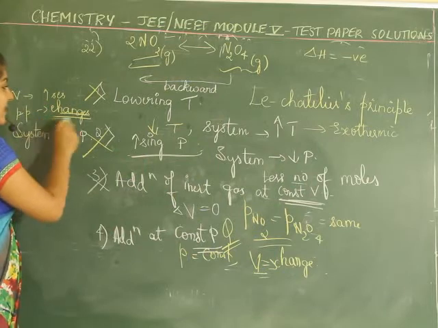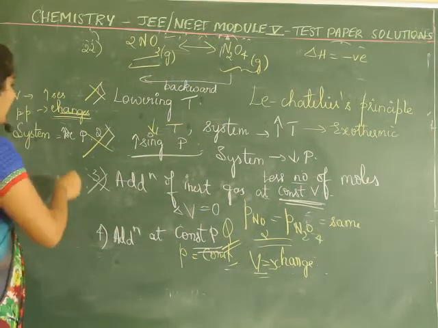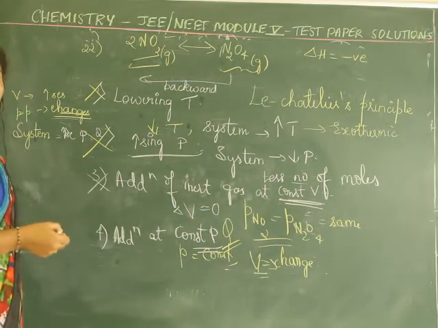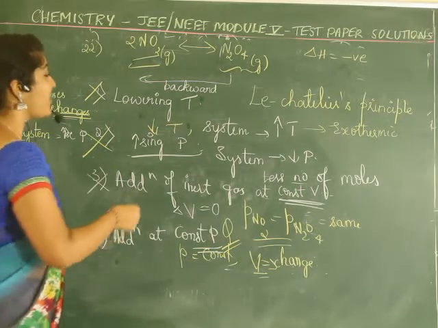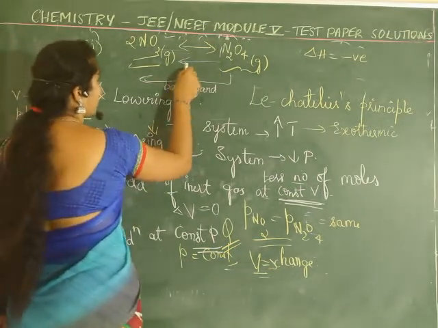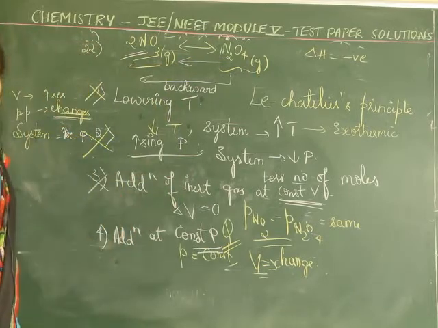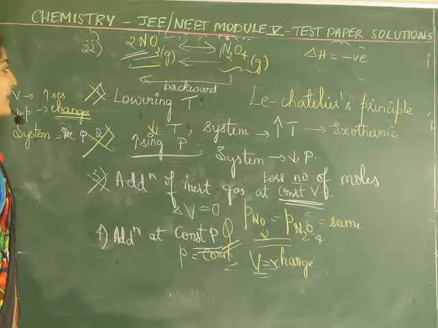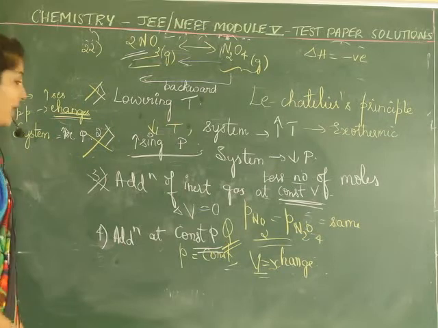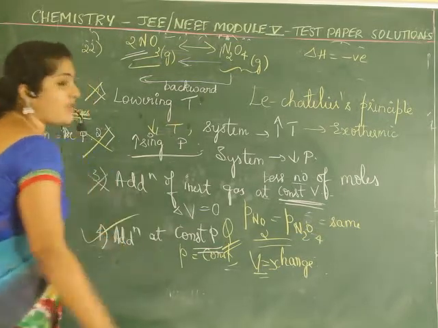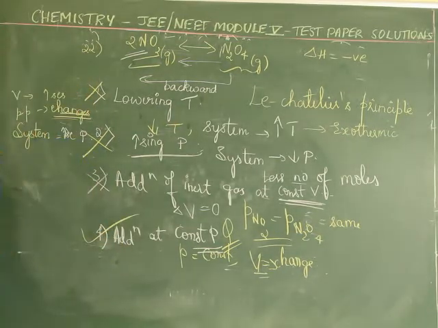But here, since the partial pressure changes, it tries to increase the pressure. When it does so, the system shifts in the direction where there is a greater number of moles. Hence, in this case, there is a possibility of the backward reaction being favored. So the right option is option D.